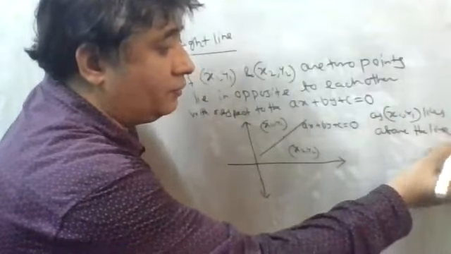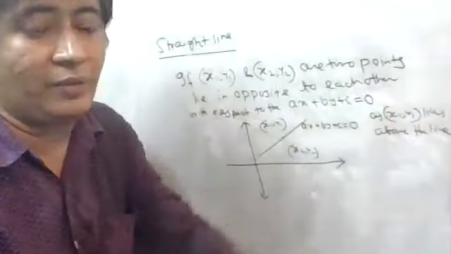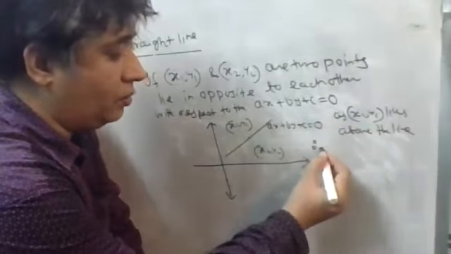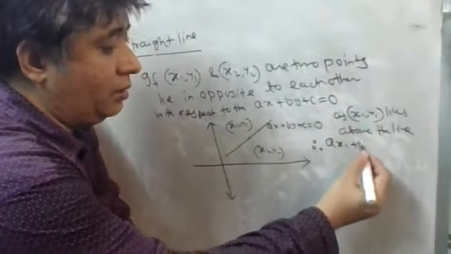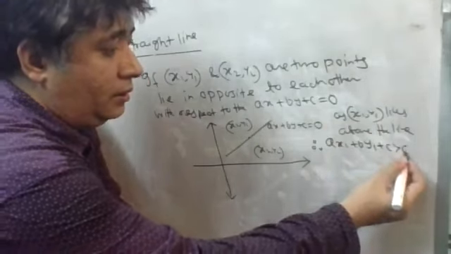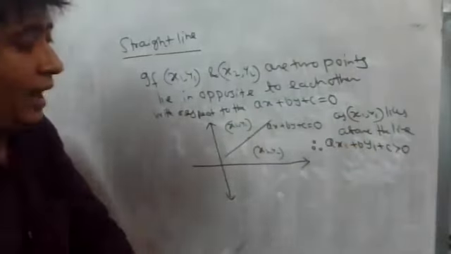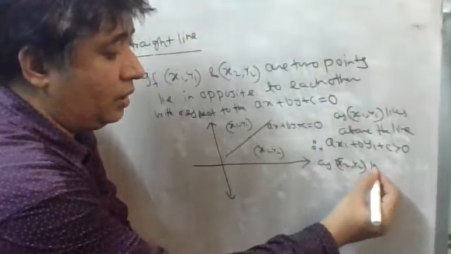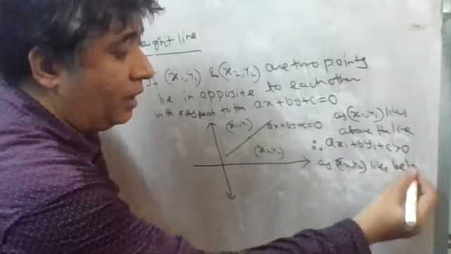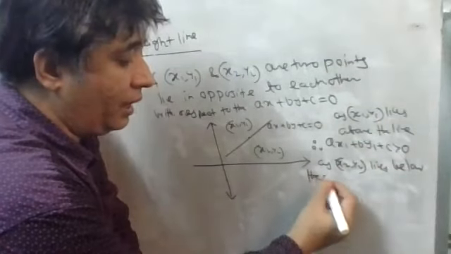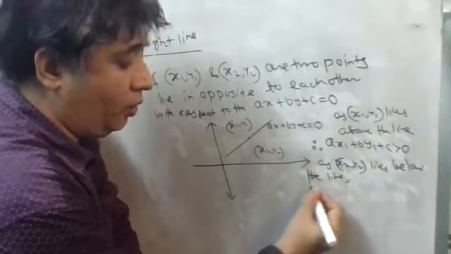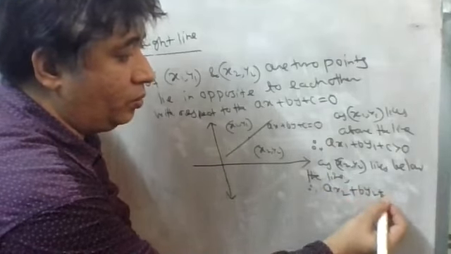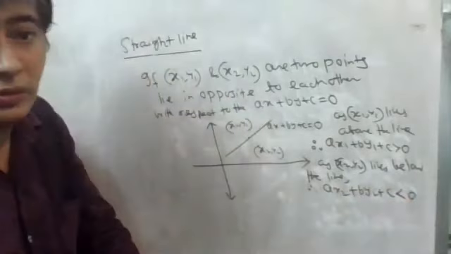As x1, y1 lies above the line, therefore ax1 plus by1 plus c is greater than 0, and as x2, y2 lies below the line, therefore ax2 plus by2 plus c is less than 0.